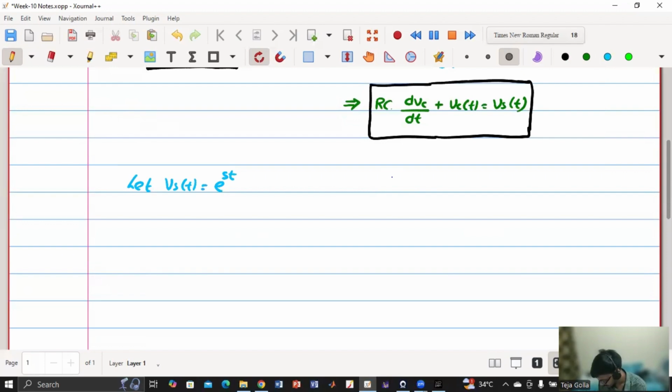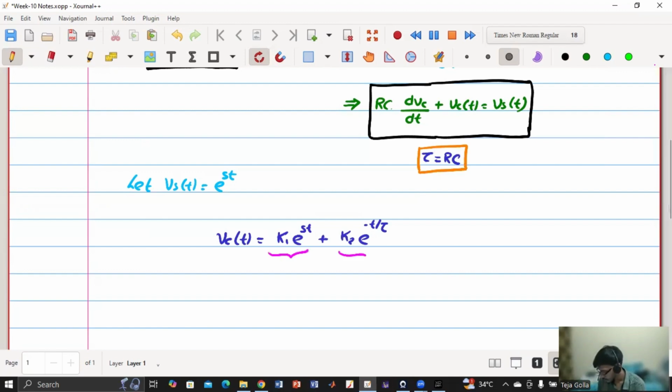In this case Vc of t will have two solutions. Generalizing, you can write K1 into e to the power st plus K2 into e to the power minus t by tau, where tau is RC. The RC comes from the natural response of the system, and the first term comes from the input, so it is called the forced response.